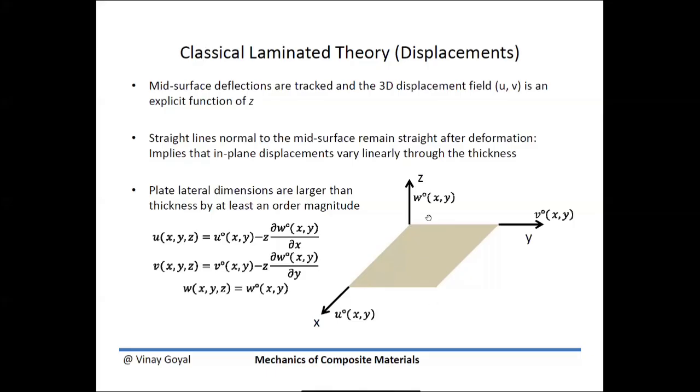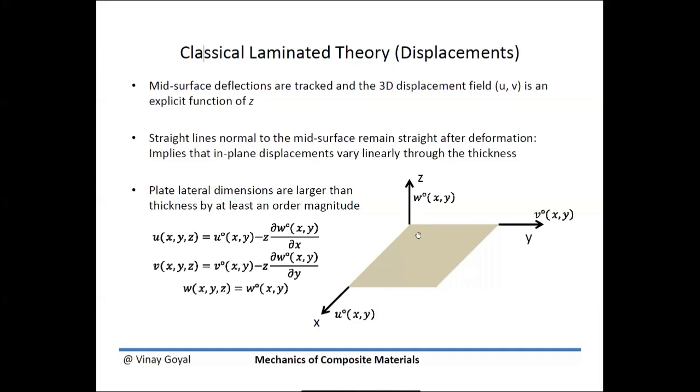So, in other words, I can deform this plate as much as I want, but the normal to the surface will remain perpendicular to that mid surface. And so it implies that the deflections vary linearly through the thickness. So that's one of the assumptions we're making in this theory.